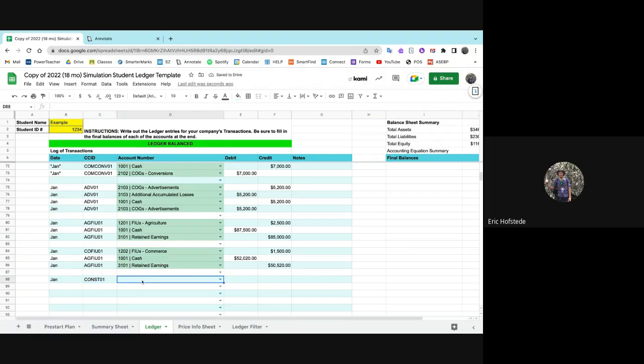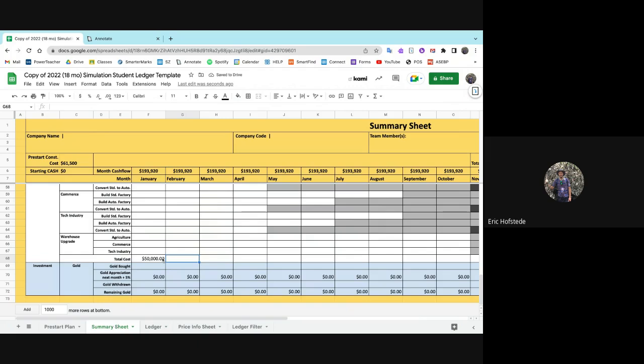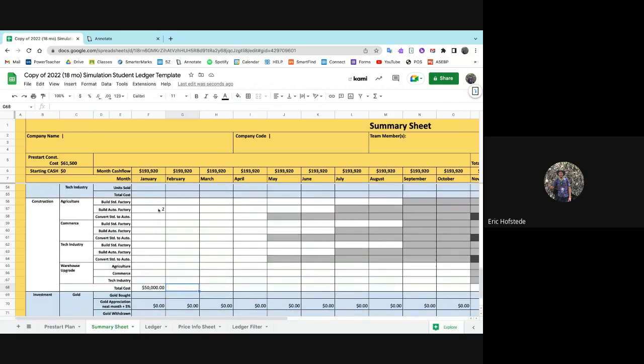All right, so with construction, you hopefully know and remember that when you build it and it's not on the pre-start plan, you have to wait for it to be complete. And these autos aren't going to be complete for 6 months. So we do count the month we start as January. And that's 1, 2, 3, 4, 5, 6 months. And then we would finally receive it in July.